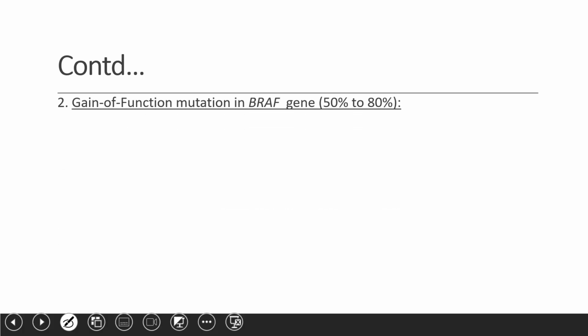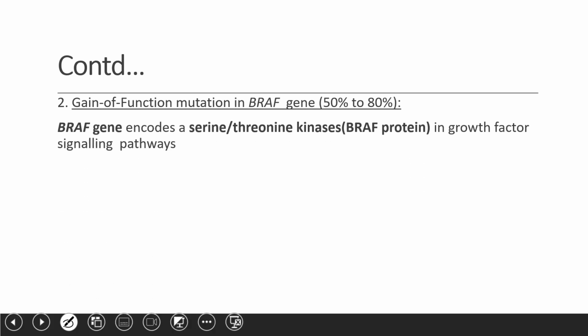And next is gain of function mutation in the BRAF gene, which contributes to 50% to 80% of the cases of the conventional papillary thyroid carcinomas. And this BRAF gene mainly encodes a serine threonine kinase, called the BRAF protein, that has a role in growth factor signaling pathways.